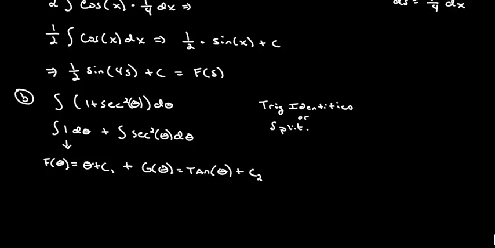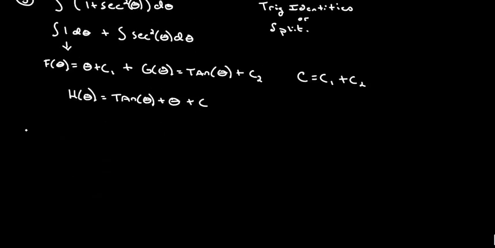So I just need to add these two functions together. So this is a function, this is a function, which means I can add these parts together. So I get the following. From the overall antiderivative, we'll call it h, the overall antiderivative is going to be equal to theta plus tangent of theta plus some constant c, where c is equal to c1 plus c2. And so that gets us our antiderivative.